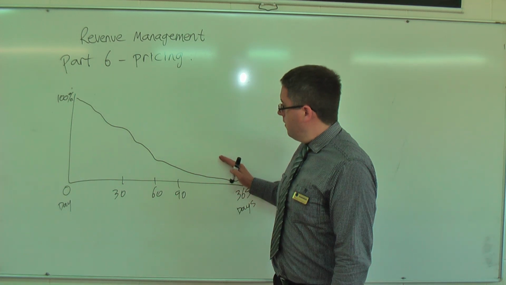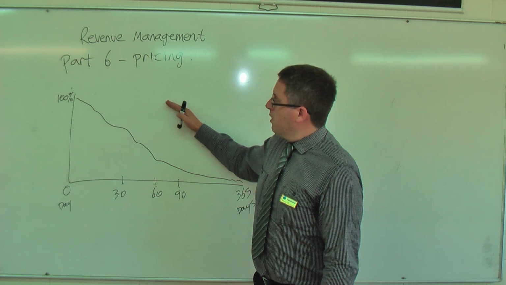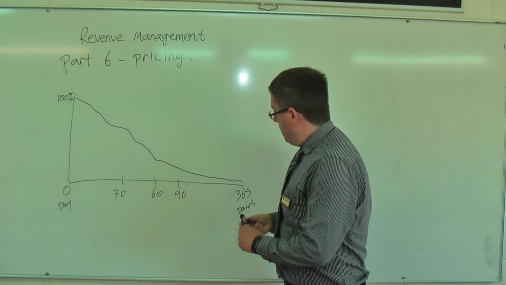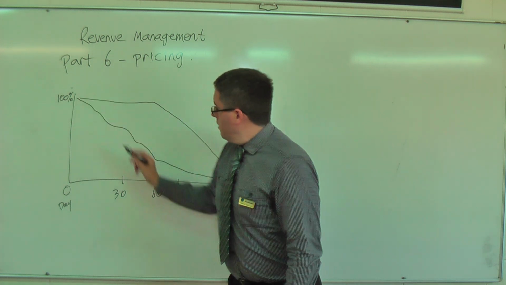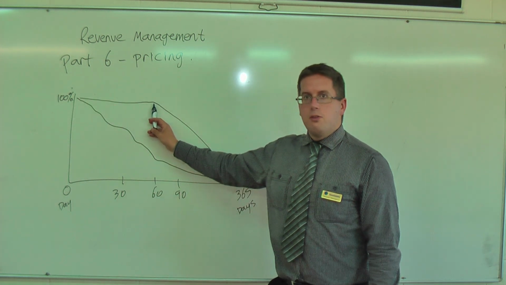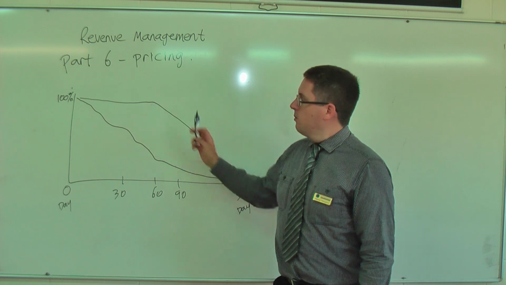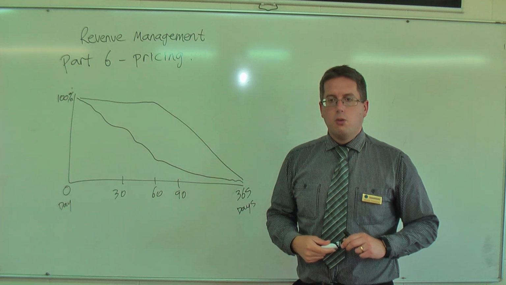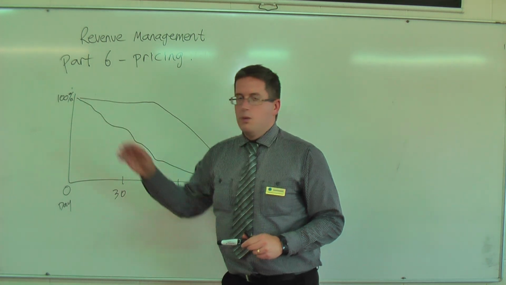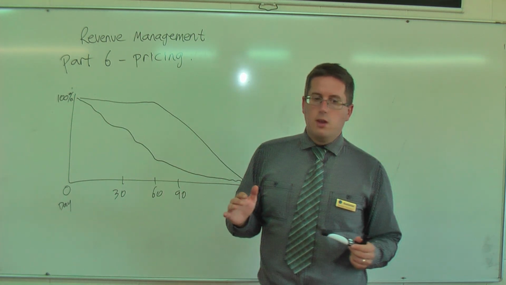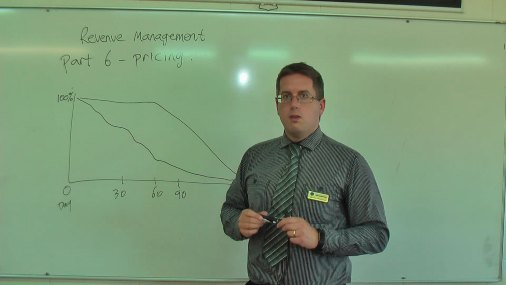Alternatively, if the booking curve is going really high, so maybe the booking curve goes up like this and you are fully booked out 2 months in advance, well, maybe you set the price a bit too low. So it's trying to achieve that middle ground where you achieve 100% occupancy just based on that curve.